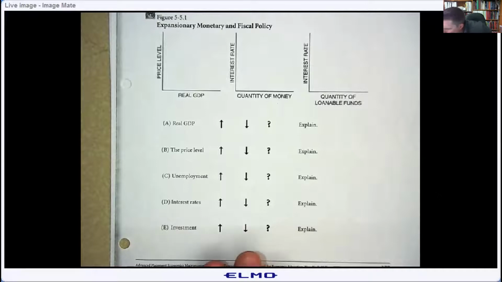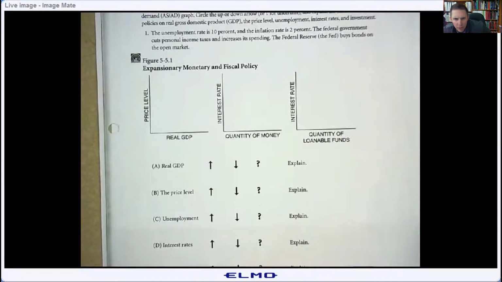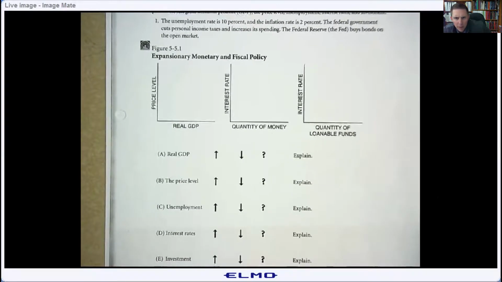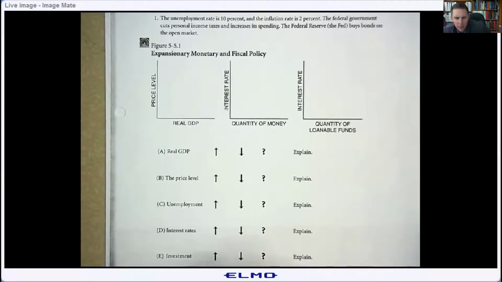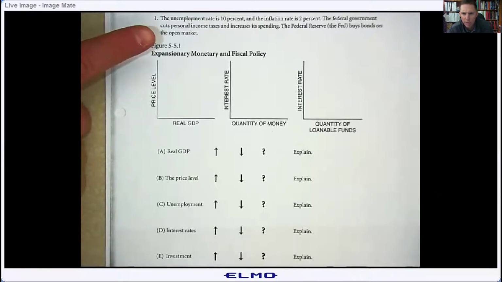Sorry, you need to see the scenario. There you go. It says here, the unemployment rate is at 10% and the inflation rate is 2%. The federal government cuts personal income taxes and increases spending. The Federal Reserve buys bonds on the open market.